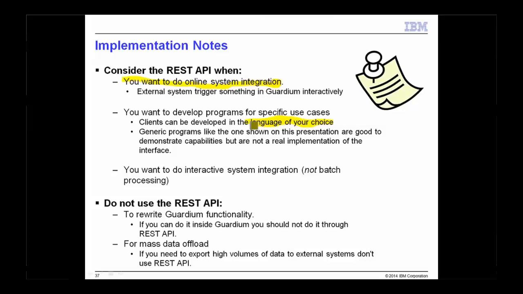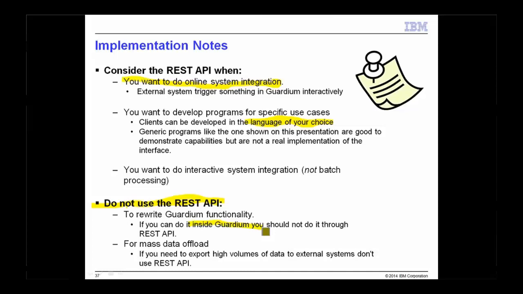When you do not want to use REST API, you do not want to use the REST API to rewrite functionality that already exists in Guardium system. If you can do it inside Guardium system, then you don't need REST API. If all you want to do is define a new data source manually, then you have the UI to do it.